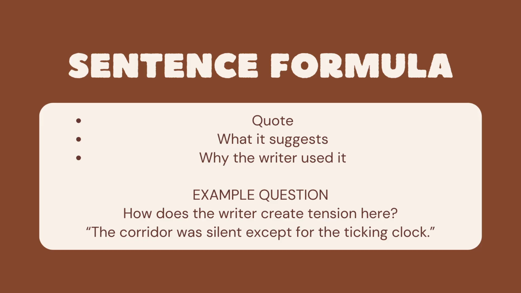The text is, the writer says the corridor was silent except for the ticking clock. This suggests suspense and anticipation. The silence makes the reader feel something important is about to happen. It's clean, it's focused, and there's no rambling.